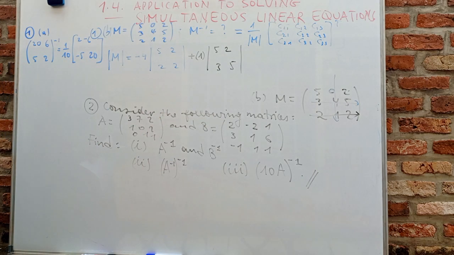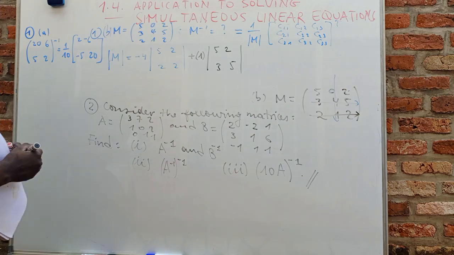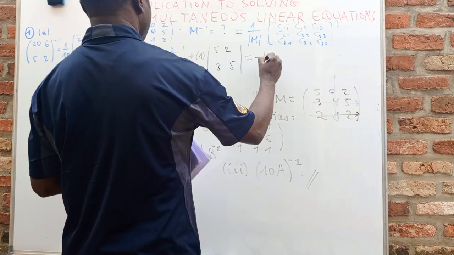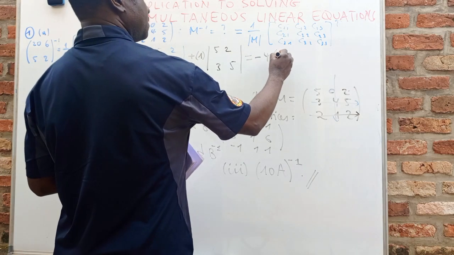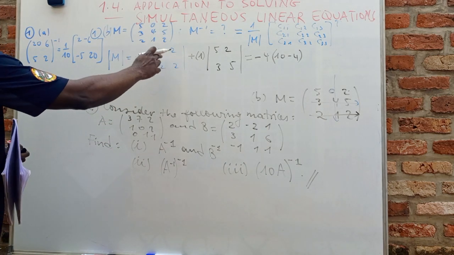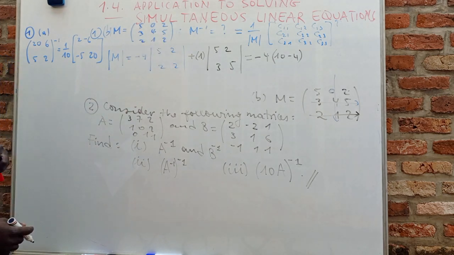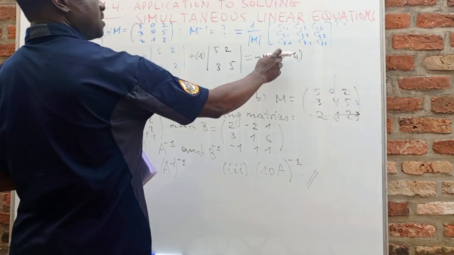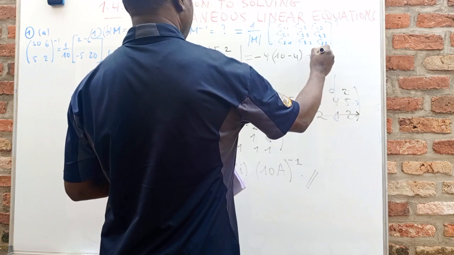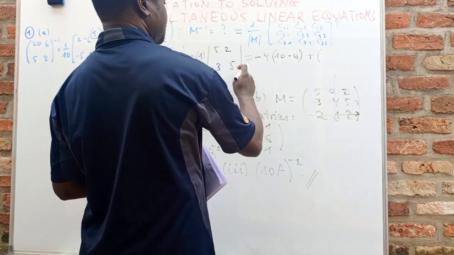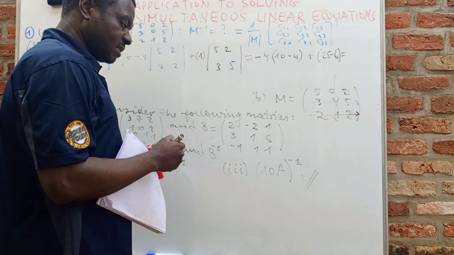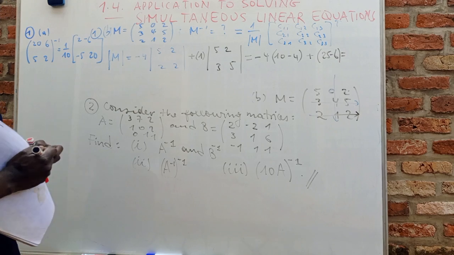Determinant. So in this case, I will calculate this combination, minus 4 plus 10 minus 4, and 10, times 5 times 2, 2 times 2, so it is equal to 4 and 10 out of 10. So now plus 1 times 25 minus 6, and I'm going to get the determinant.